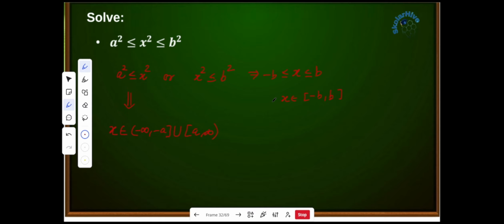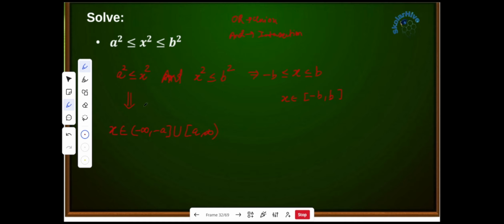Now from the first part we are getting x from minus infinity to minus a, union a to infinity, and from the second part we are getting from minus b to b. Here a square is less than x square and x square is less than b square. Keep in mind one thing: whenever 'or' is there it means union, and if it is 'and' we have to go for intersection.